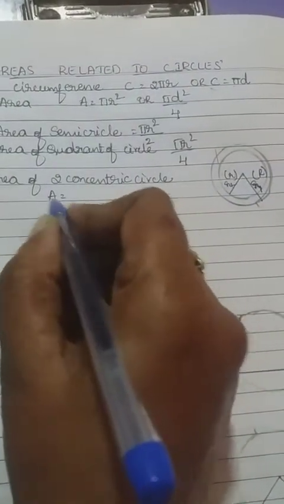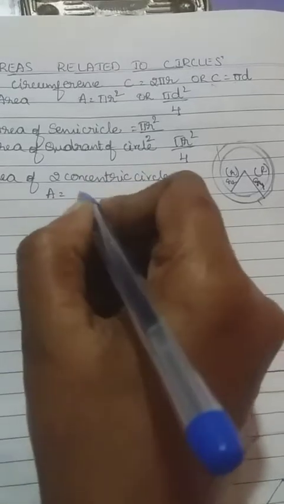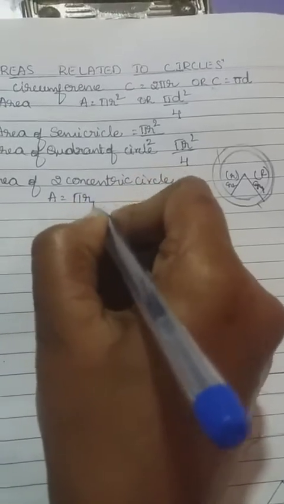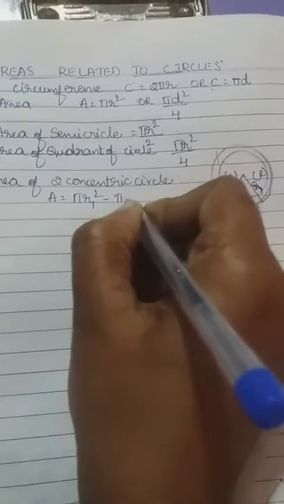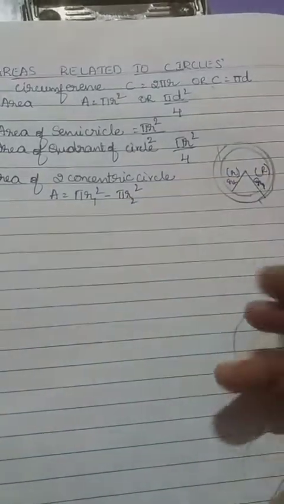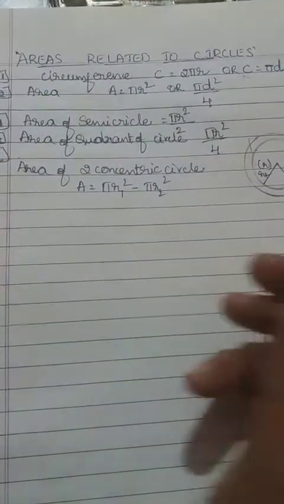So area of two concentric circles is pi r1 square minus pi r2 square. If you take a big R and small r, it is pi R square minus pi r square. This is the formula for area of two concentric circles.